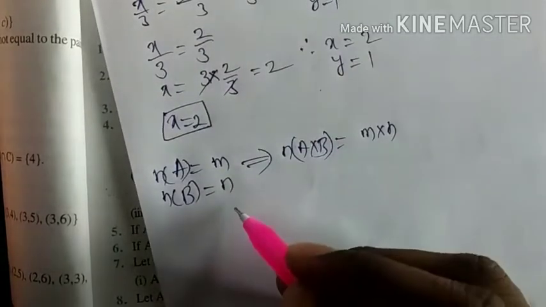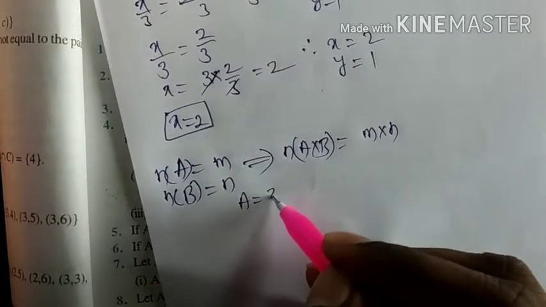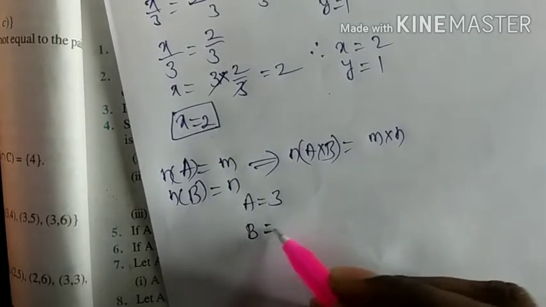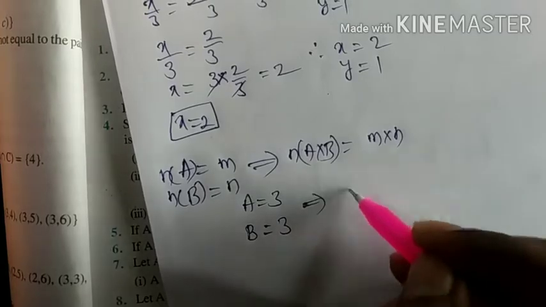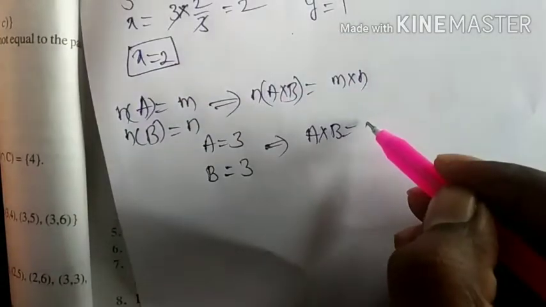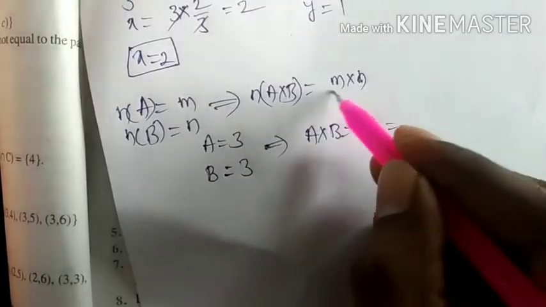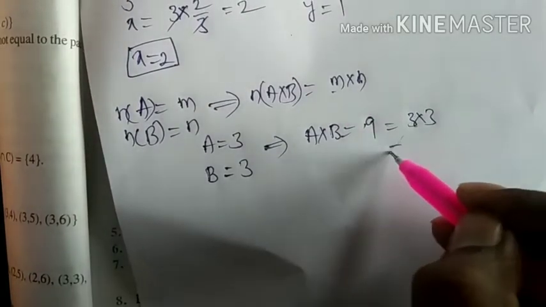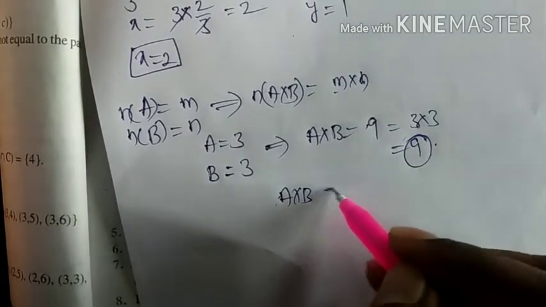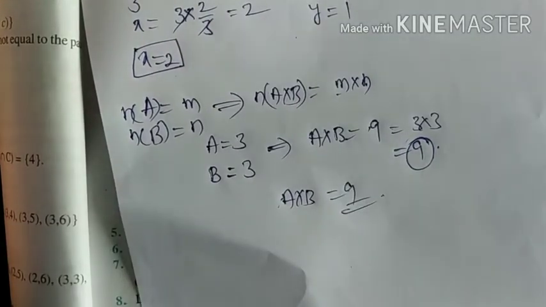So here set A has 3 elements, as already given, and set B also has 3 elements. So A cross B has how many elements? 9 elements, because m into n means 3 into 3, which equals 9. So A cross B has 9 elements.